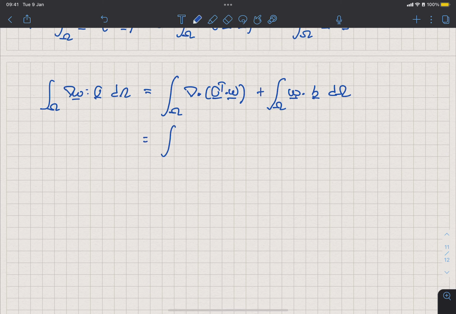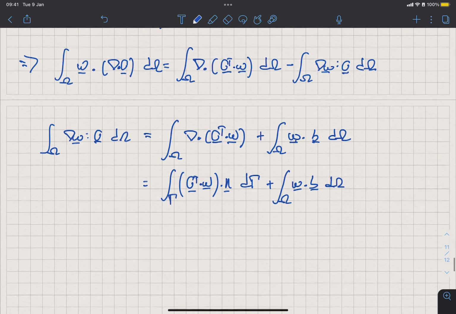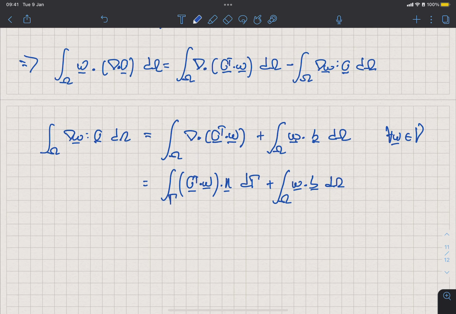So this is going to be equal to the integral over the boundary. And then we take basically that quantity that I have here, and I dot it with the normal. And of course, remember that this is for all w's in V naught.